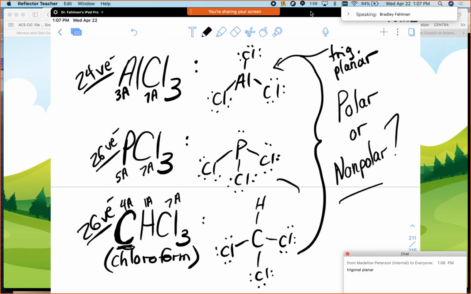And then phosphorus trichloride, what do you think? Now you've got 3 things around it and a lone pair. Pyramidal. So trigonal pyramidal, yep. And then this one, four things around it is tetrahedral, right?